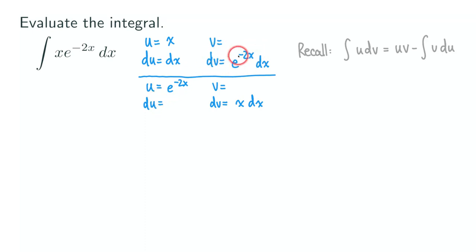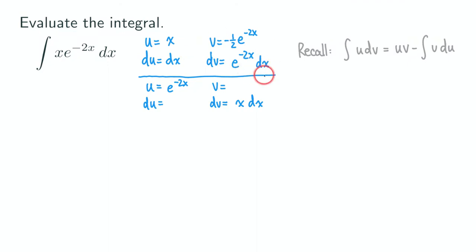So if you integrate this function here, you're going to get e to the negative 2x, but don't forget the chain rule. Remember, if you're differentiating the exponential function e to the negative 2x, you are going to get an extra factor of negative 2. To cancel out that negative 2, you need to put a negative 1/2 in the front. So negative 1/2.